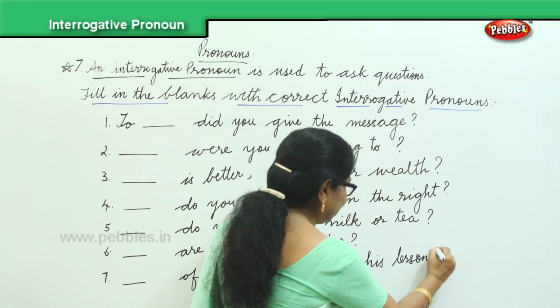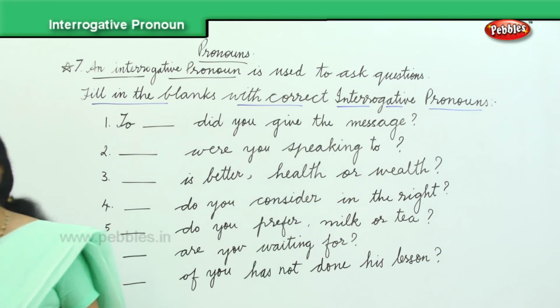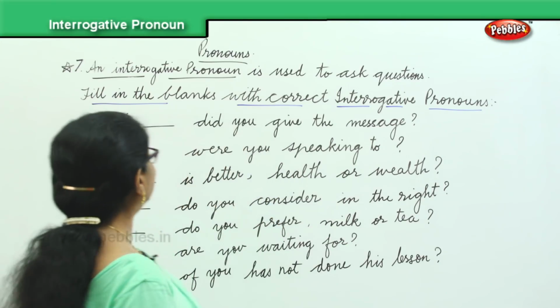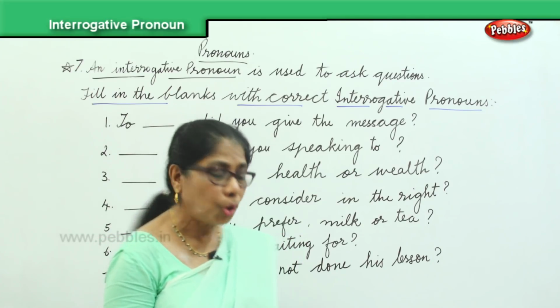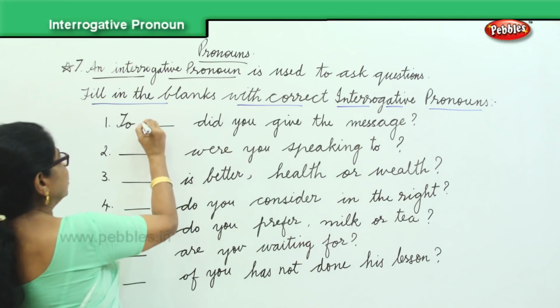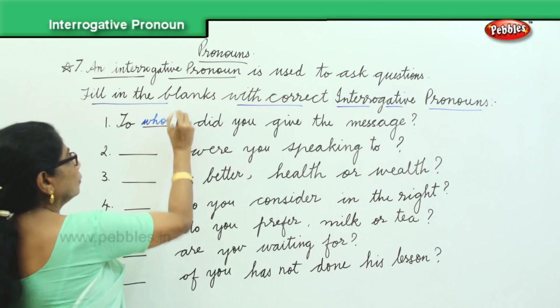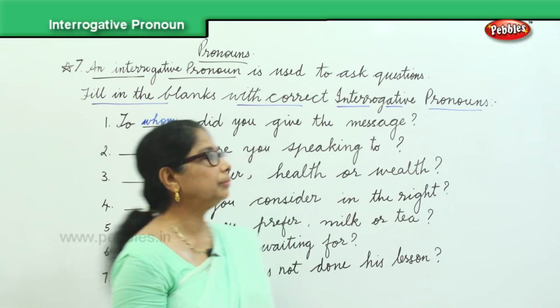So I have got 7 sentences for you to fill in with correct interrogative pronoun. The first one we have here is, to dash did you give the message? To whom did you give the message? To whom did you give the book?